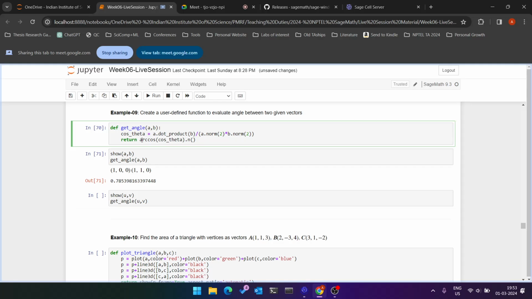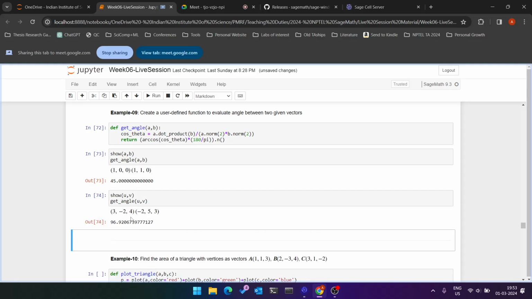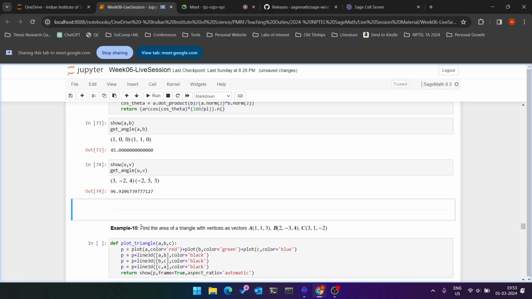If I have to convert this to degrees, that would be nothing but 180 by pi, this whole thing returned as a numerical value. This is what we get. So we get 45 degrees. If I have to check the angle between U and V, this is how they are defined. The angle turns out to be 96 degrees. Okay.